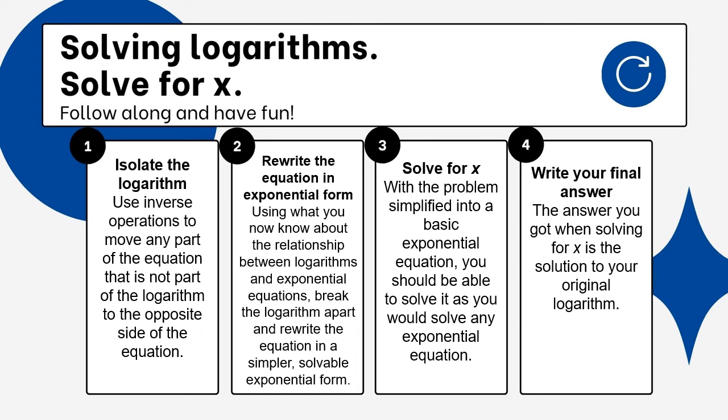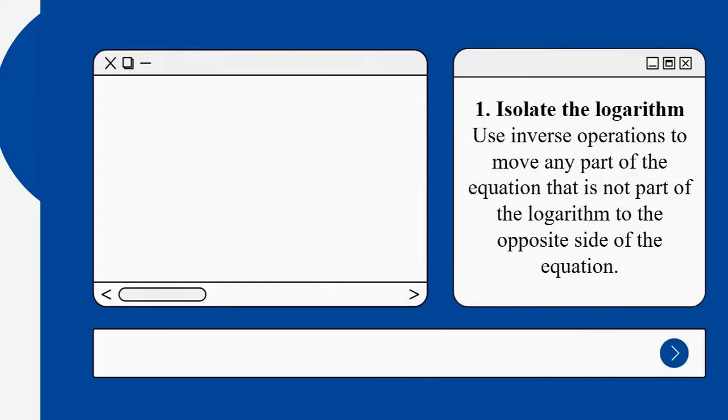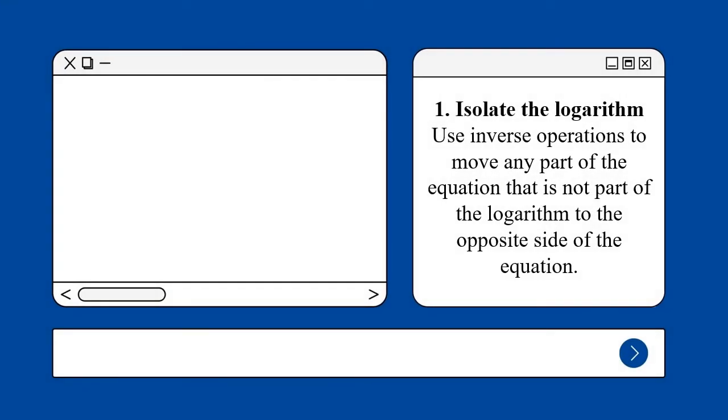For the first example, we have logarithm of x plus 5 base 3 plus 6 is equal to 10. In this example, we need to isolate the logarithm. So we need to isolate positive 6 on the left side.